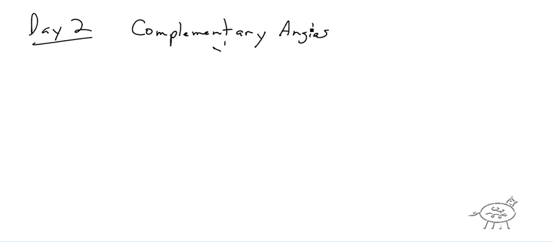So day 2. The first thing we're going to talk about are complementary angles. You guys already know that from geometry. It's the sum of two angles that equal 90 degrees.